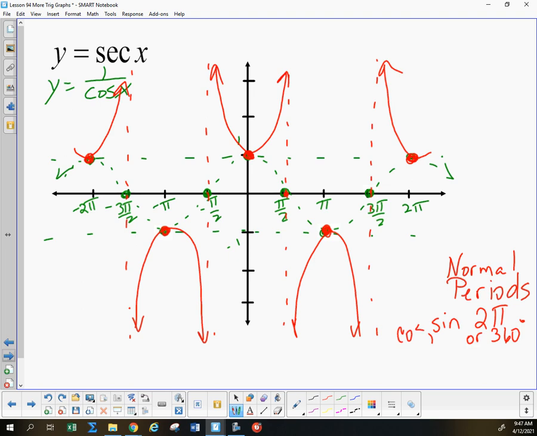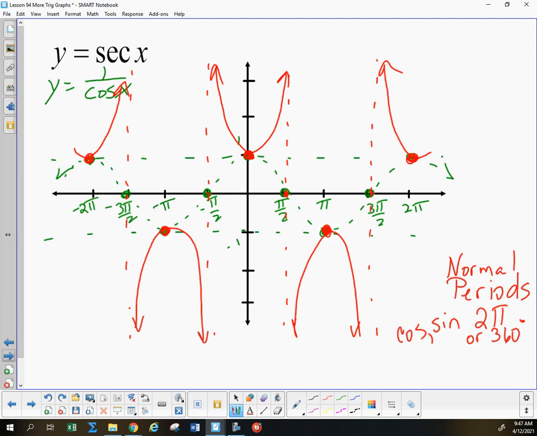For cosine, the normal period was also 2 pi or 360 degrees, right? Since I've got secant up here, how long does it take me to get 2 complete cycles? That means one right side up u and one upside down u. And then that's what repeats over and over. So I had to go from pi over 2 to 3 pi over 2, or from minus pi over 2 to positive 3 pi over 2. Is that still 2 pi?